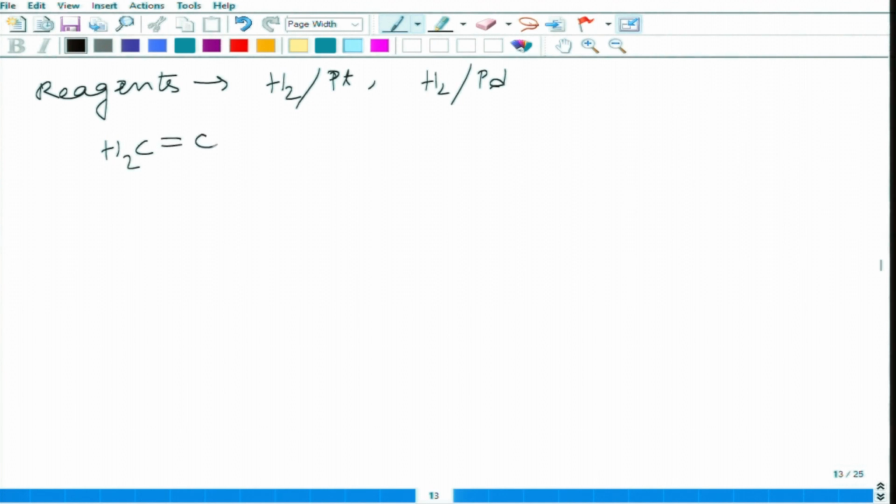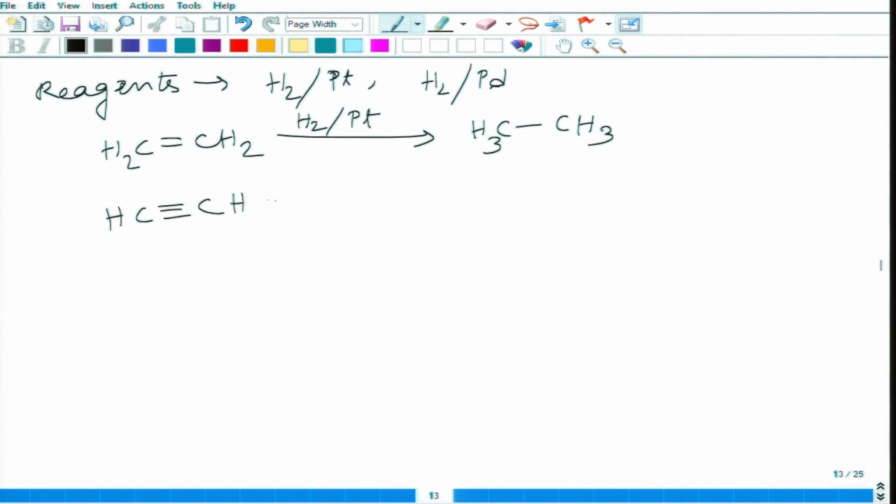CH2=CH2, ethene or ethylene, in presence of hydrogen and metal catalyst forms ethane. Okay. Ethyne or acetylene.